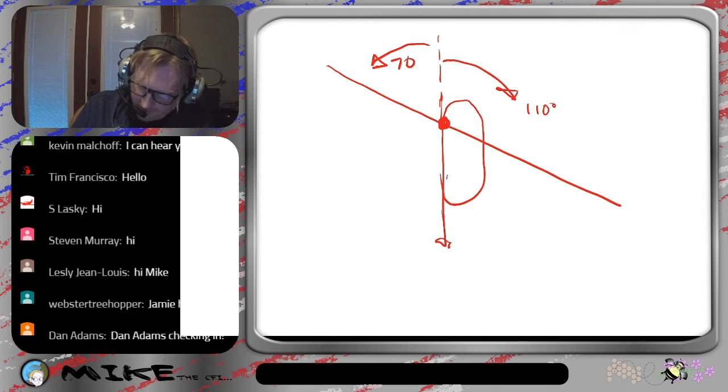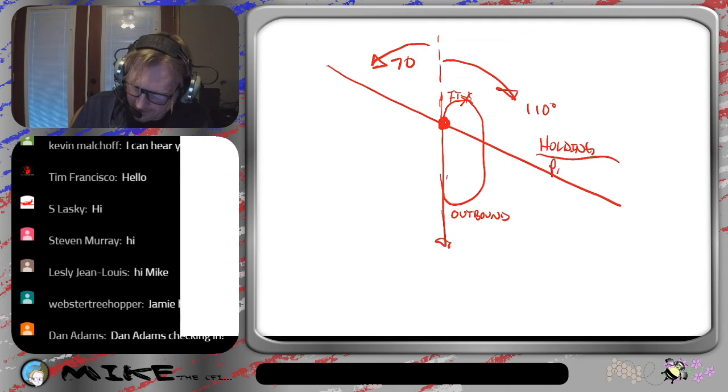And we call this side of the holding pattern the fix end. Sorry, this is your outbound end. This side here is often referred to as the holding side or protected side.